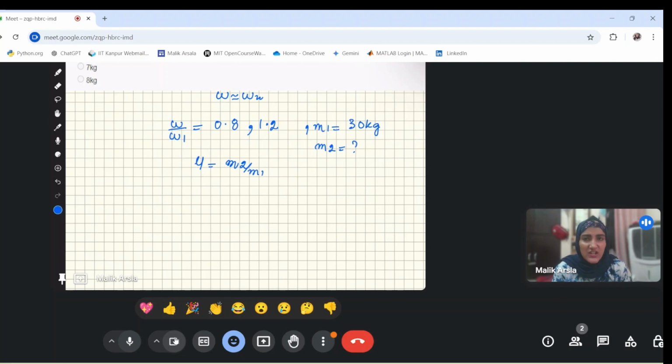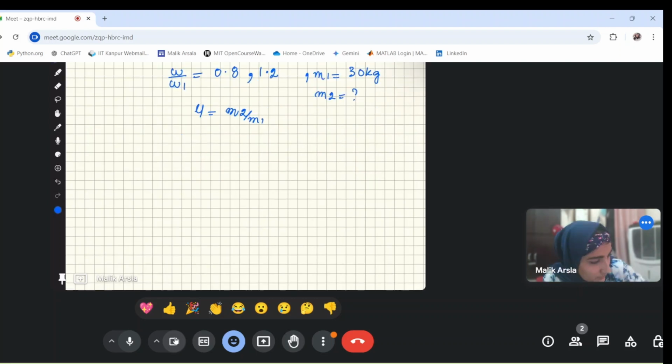So there the equation reduces, for finding the mu value, to omega upon omega 1 whole square is equal to 1 plus mu by 2 plus minus the square root of mu plus mu square upon 4. This is the form you know already, right? And here omega upon omega 1 is given, so mu you can definitely find.